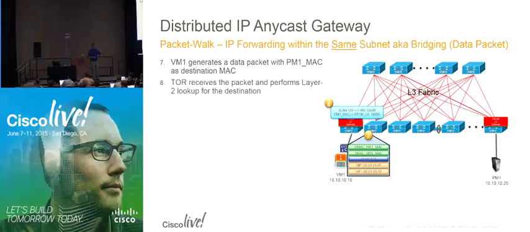So I go to my first switch and do a lookup, where is actually my PM1 MAC, and the response is it's behind the destination ToR on the very right-hand side, and the VLAN of 123 is mapped to 10,000. That's all the information I get on that first top-of-rack switch.